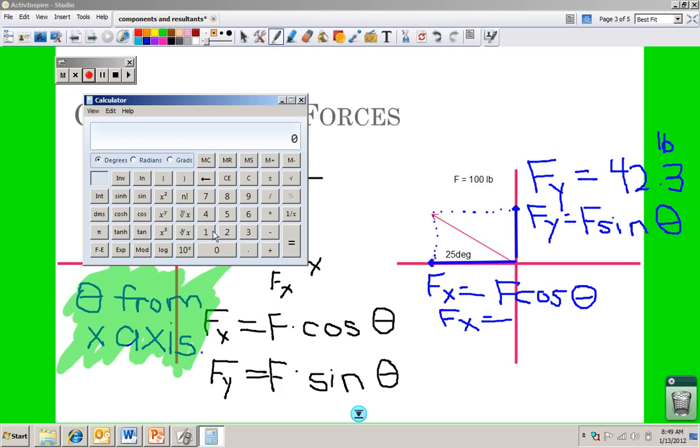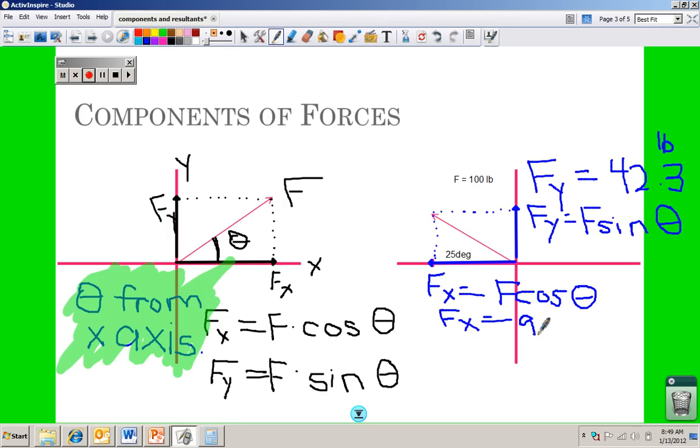Okay, and now I want to do 25 cosine, alright, times 100, and I get 90.6 degrees. Pounds, not degrees. 90.6. Right? Units are very important, so please do not forget them.